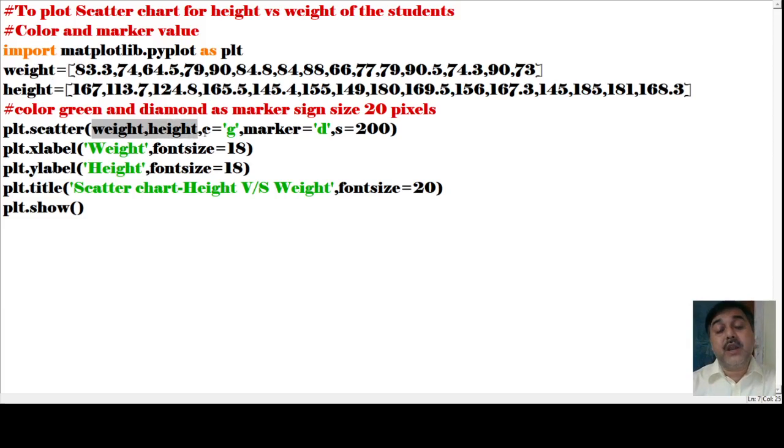What is the color of that scatter graph? Because it is plt.scatter, we give the color: the color is green, and the marker pattern is a diamond.